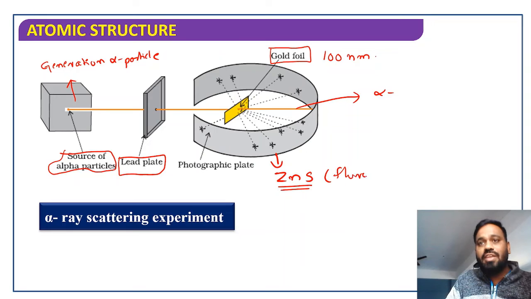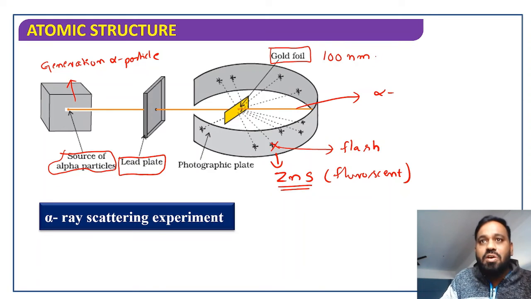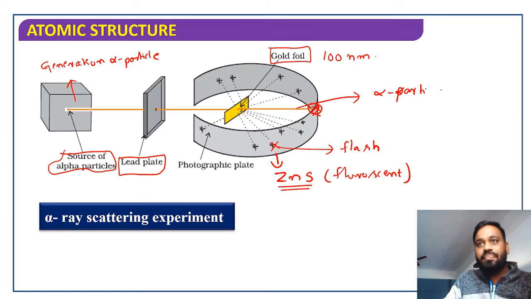It means that if any light strikes this zinc sulfide plate, we automatically see a flash here. That is what we call a fluorescent material. Most of the alpha particles we passed strike the zinc sulfide plate without any deflection, without any angle of deflection.